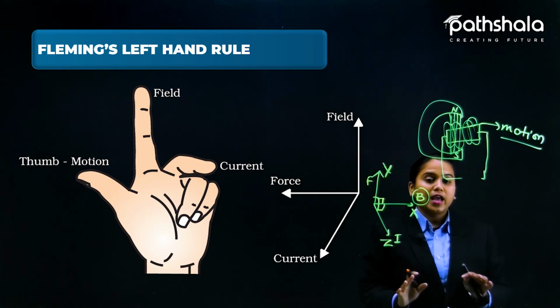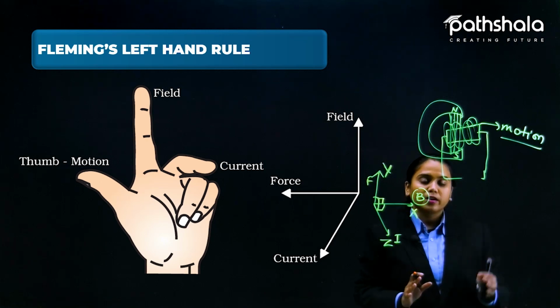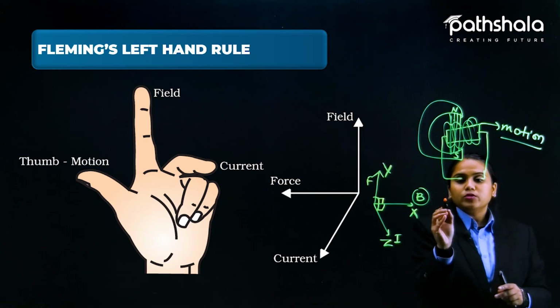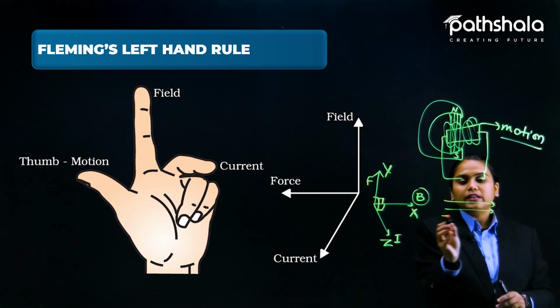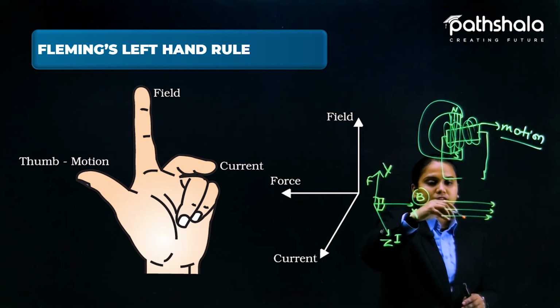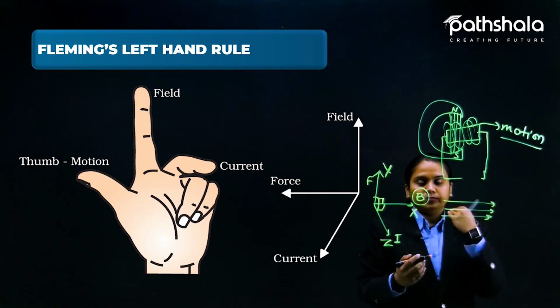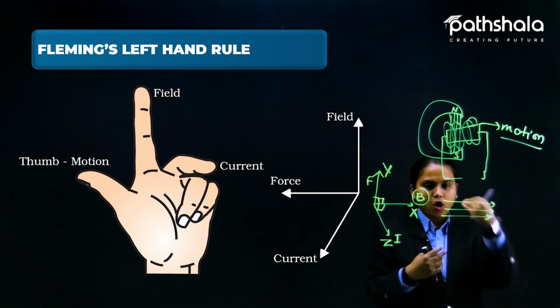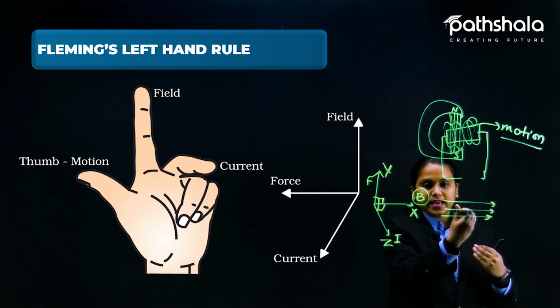We don't have to take the direction of the magnetic field produced by the current. Now let's suppose the magnetic field lines are in this direction and the current is coming outward from the board toward my side, like this.